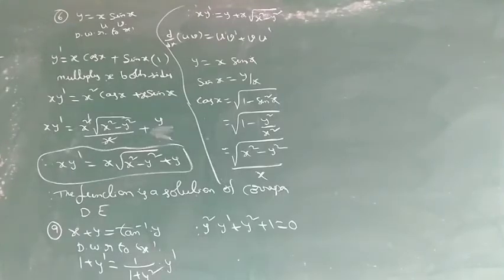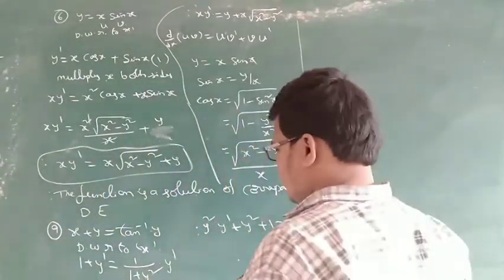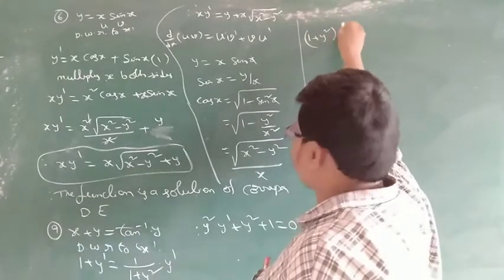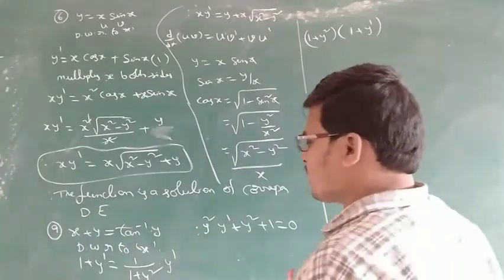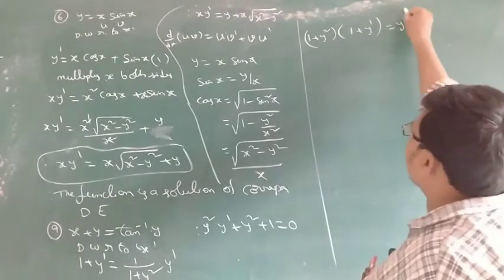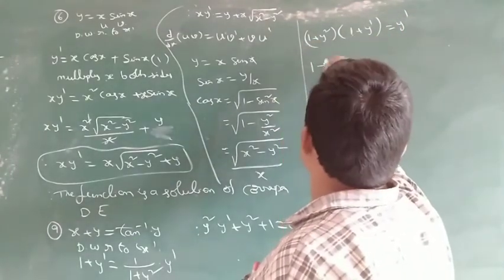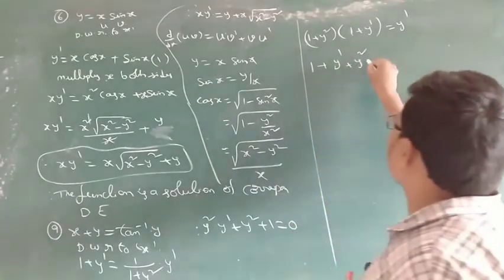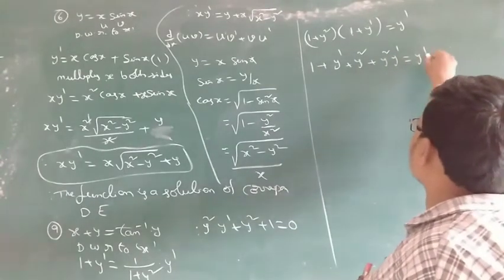So cross multiplication, 1 plus y square into 1 plus y dash is equal to y dash. So 1 into 1, 1 plus 1 into y dash plus y square plus y square into y dash is equal to y dash.